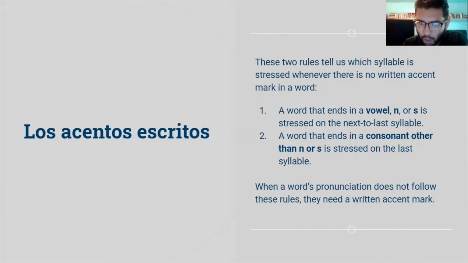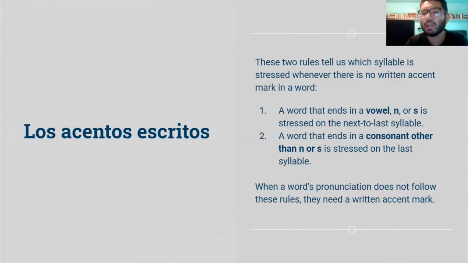Another thing worth noting is that written accent marks only go on top of vowels to show that the syllable corresponding to that vowel should be emphasized in its pronunciation.